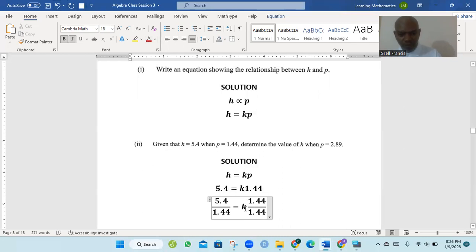So 1.44 cancels out from the right side, and we are left with K is equal to 5.4 divided by 1.44.